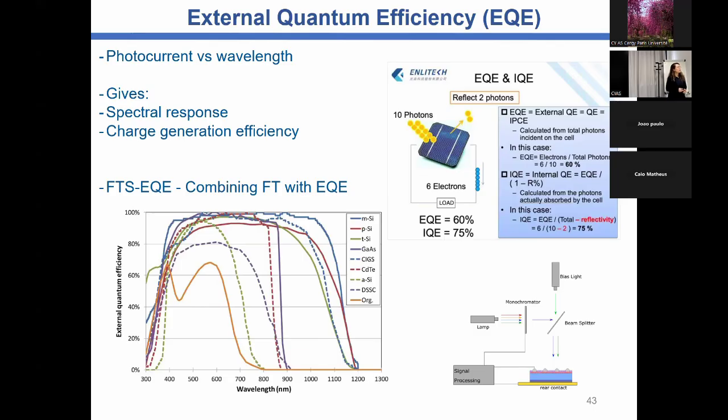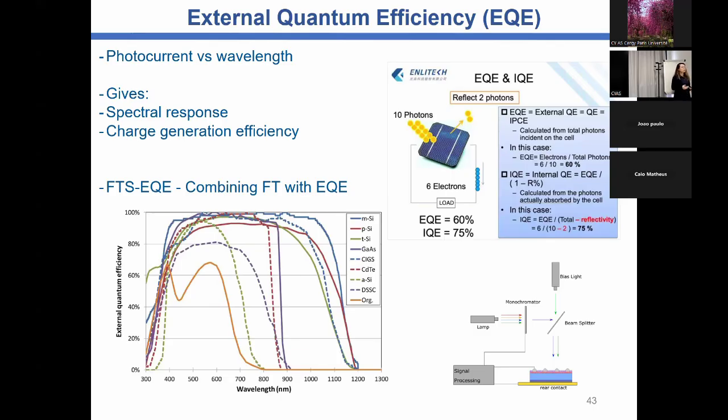And for instance, when we combine FTIR, the Fourier transform, with EQE, we can create this technique that's called Fourier transform spectroscopy EQE. So you improve the sensitivity of the detection at lower wavelength.